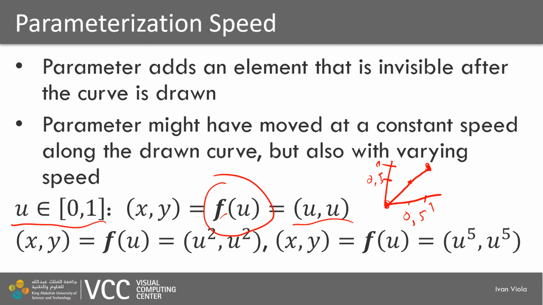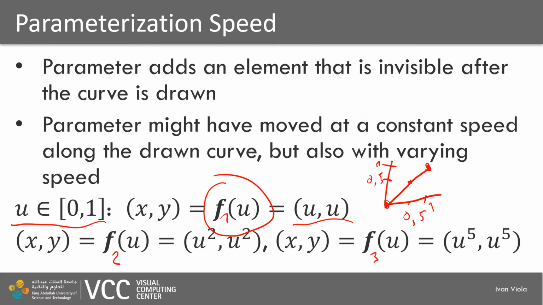which is the function f. Let's call it f1. Then we have another function, let's say f2, then we have another function, f3. And if you look at them, they also have the parameter u going between 0 and 1, but they are always squaring this parameter. So for example, for 0 and 1, they would both have the result of 0, 0, or 1, 1 points.